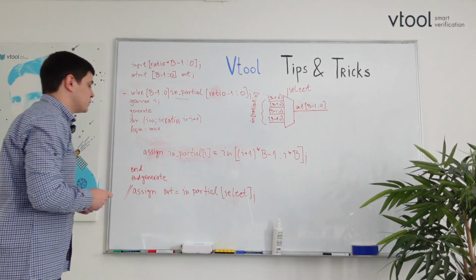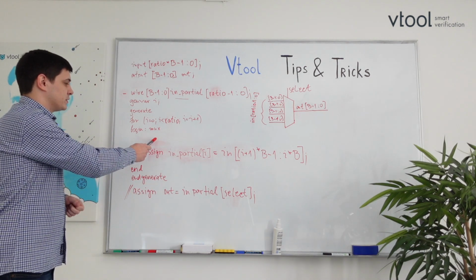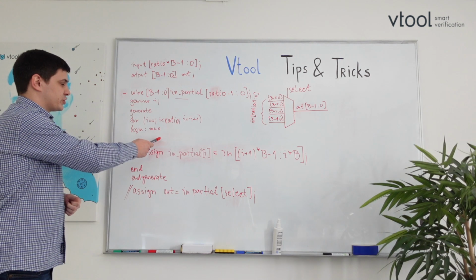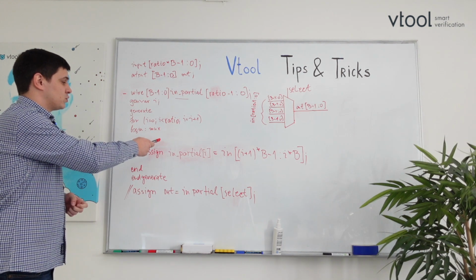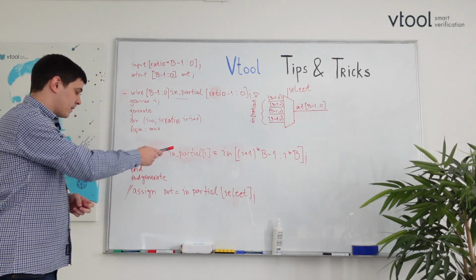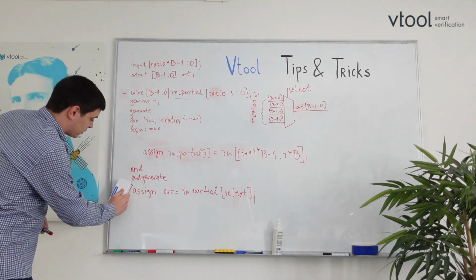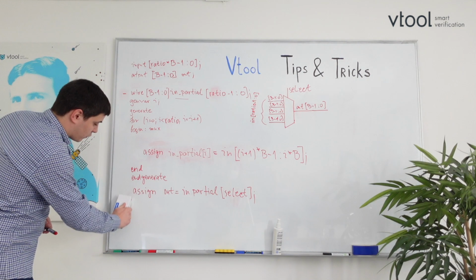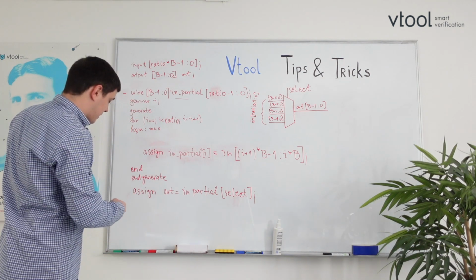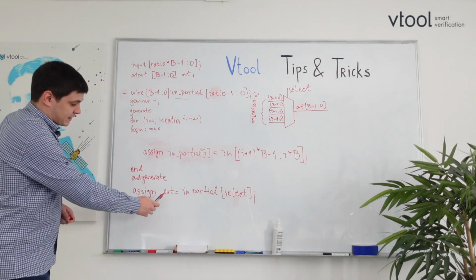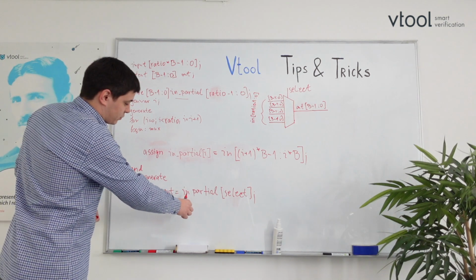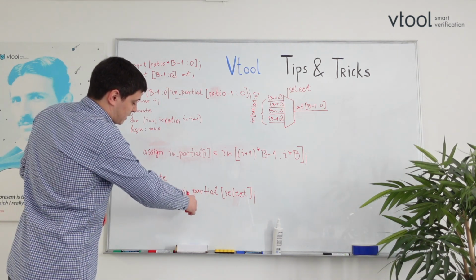And by doing this, we see that we don't use condition where we compare something to signal value, and this is correct. And also we have to uncomment this assign, where we assign output value to the appropriate impartial value.